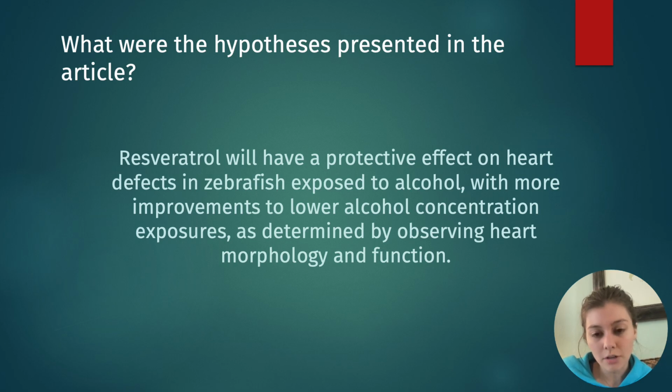And then some of the morphological and functional abnormalities that the article took note of were tachycardia, pericardial edema, body length, specifically looking for shortening of the body, and a couple other things that we'll get into.